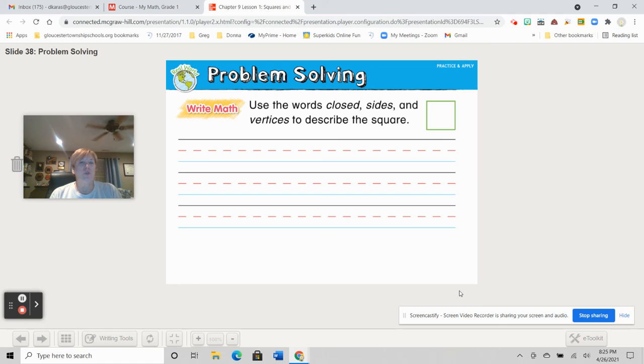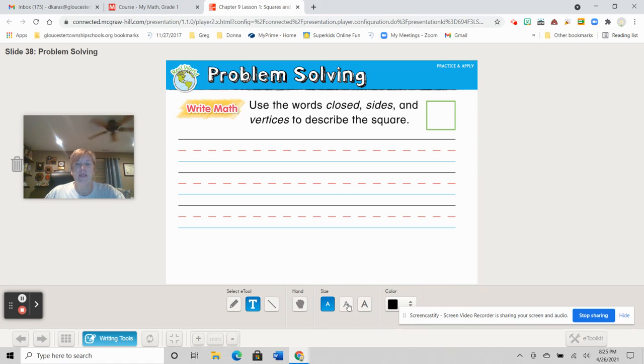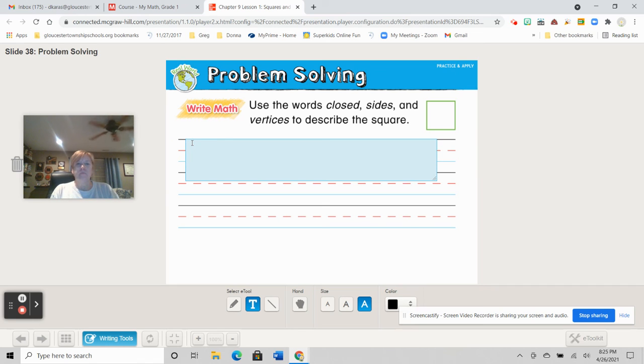Okay, and here we go. They would like us to use the words closed, sides, and vertices to describe the square. Okay, well, let's think about that. How would you describe that square? Let's think. Well, first let's look. The square, what kind of shape is it?